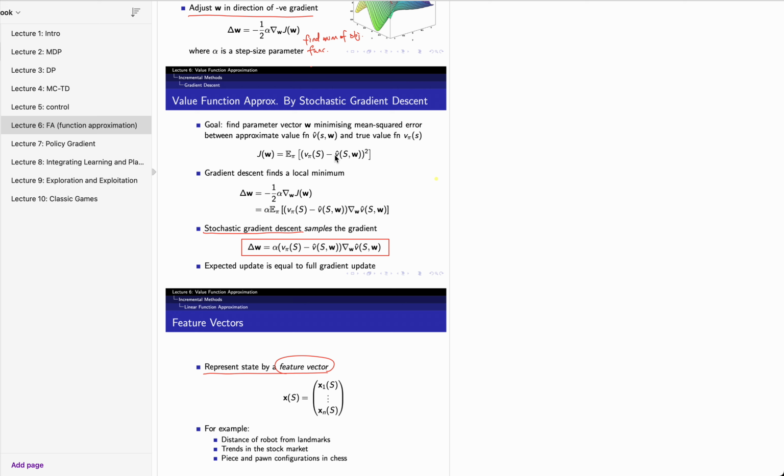Basically we're just using the chain rule. The gradient of J of W would have the 2 over here, times the derivative of this.